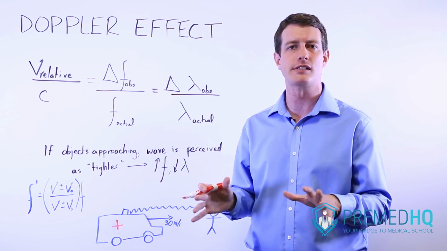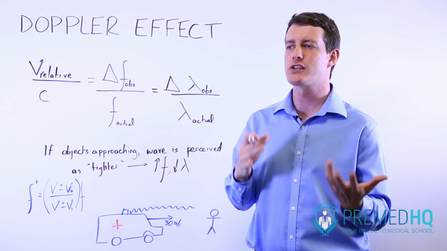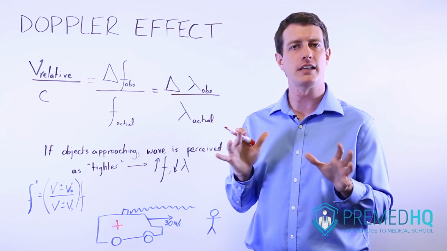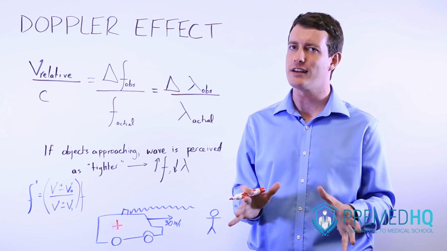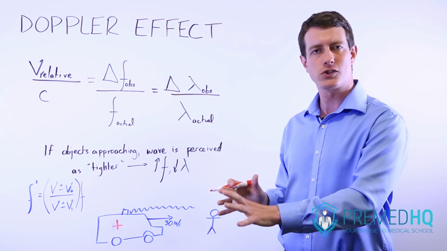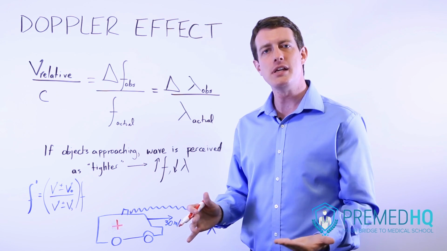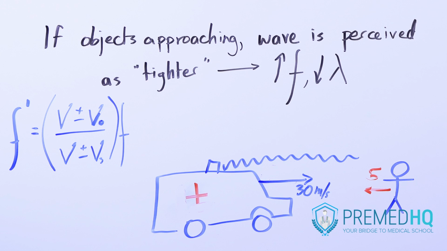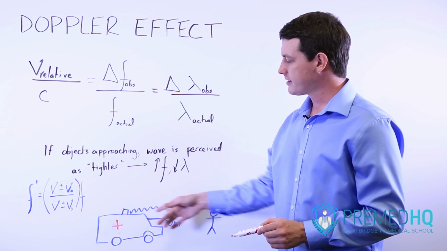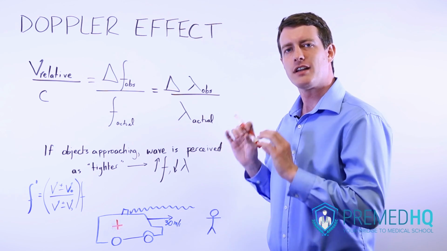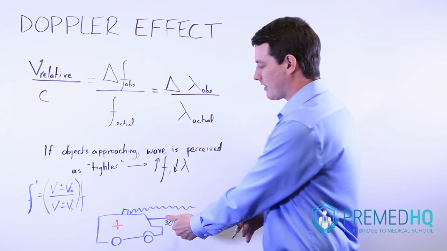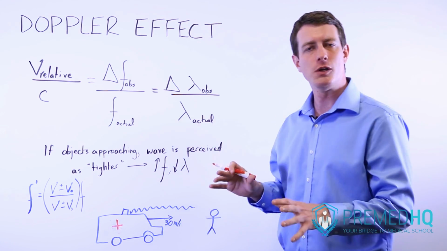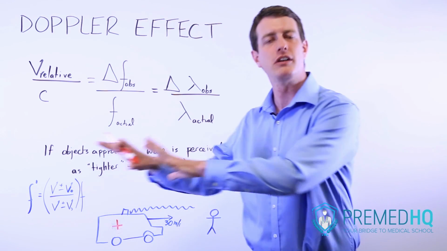And the frequency tells us about pitch. And then we just base all of this on the assumption that the sound wave is traveling 343 meters per second. However, when there's a moving source, that might not be the case for that sound wave. So in this example, the sound wave, which is still a 343 meter per second sound wave, is getting 30 meters per second added to it because it's being released from a moving vehicle.